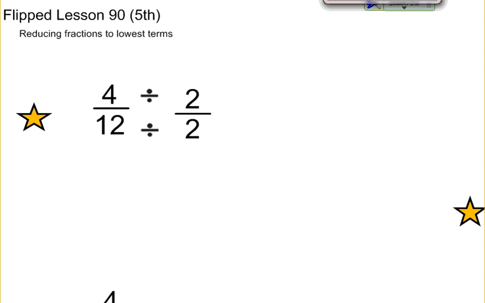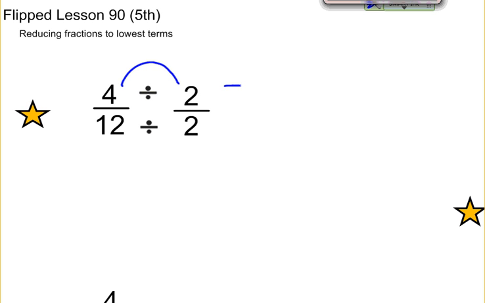By dividing both these numbers by 2, as I've taken some time and drawn this out already, 4 divided by 2 equals 2, and 12 divided by 2 equals 6. And so we have that answer. However, when we look at this problem, we say, hey, wait a minute, both these numbers are still even, which means that there's still something that can be taken out of these numbers.